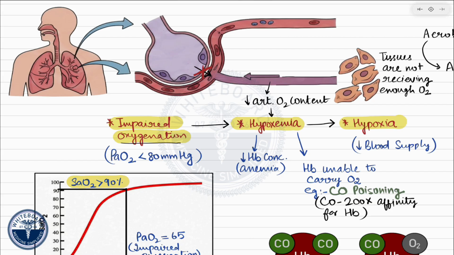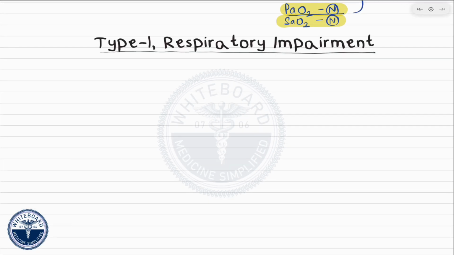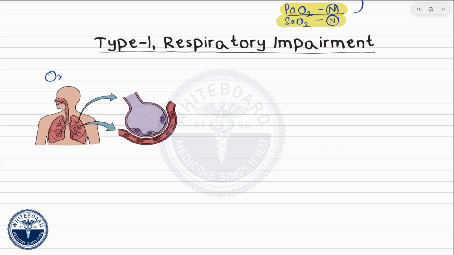Now that we understand the difference between impaired oxygenation, hypoxemia, and hypoxia, let's move one step further and look at a very common pattern of gas exchange abnormality. That is type 1 respiratory impairment. The simplest way to understand type 1 is to remember that the main problem is oxygenation, not ventilation.